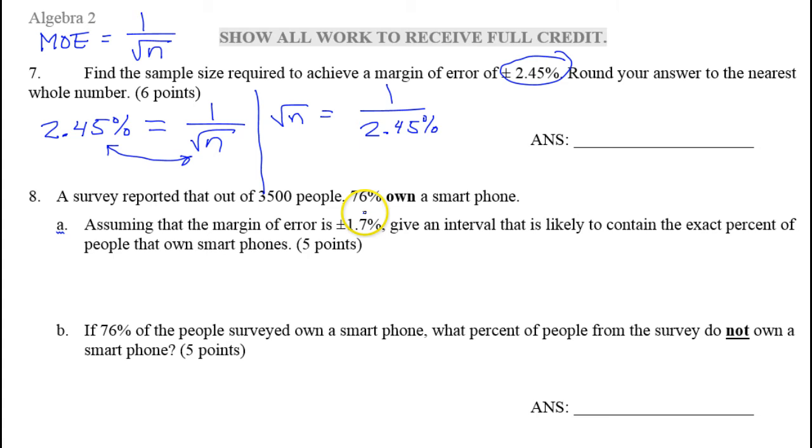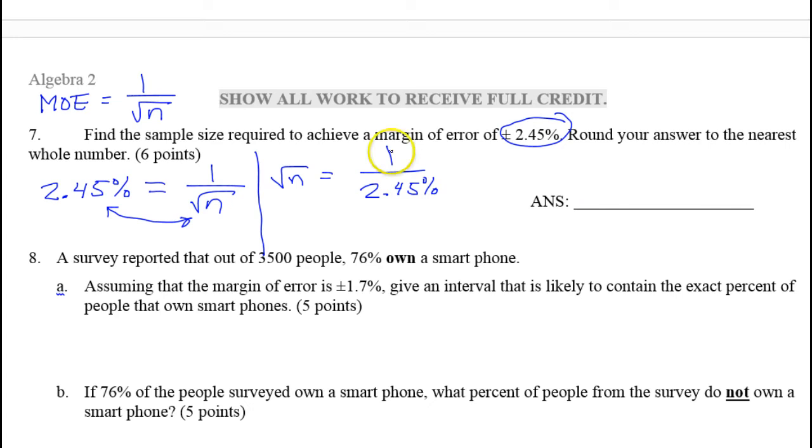2.45%. Now that percent is important. You can't leave it off. Just a word about percent. 2.45% is the same thing as 0.0245.